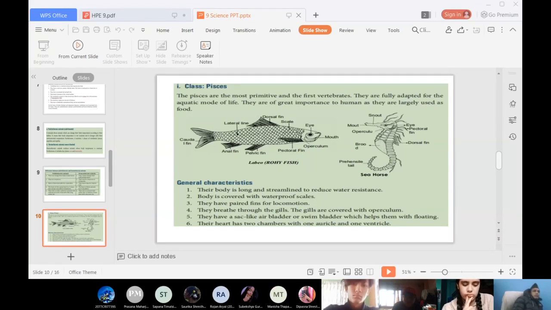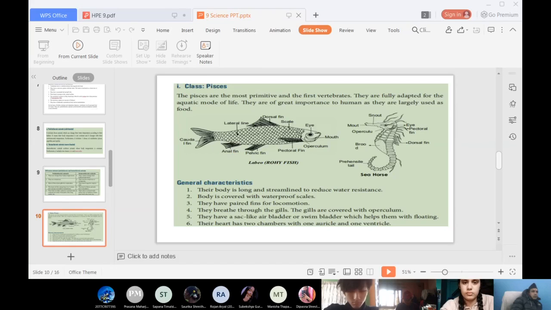Actually, they have to jump in water to make their skin moist. If their skin becomes dry, then they will die. When they are on land, they breathe through their lungs. But when they are in water, they can breathe through their skin. Okay?